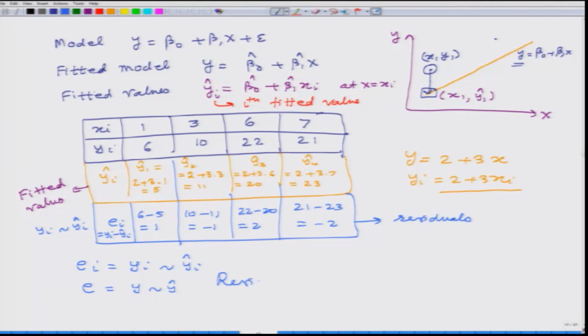Now, this residual has a very important property. If you observe in this picture, the difference between y1 and y1 hat, as per this definition, is nothing but e1, and earlier we had denoted the same distance as epsilon 1.